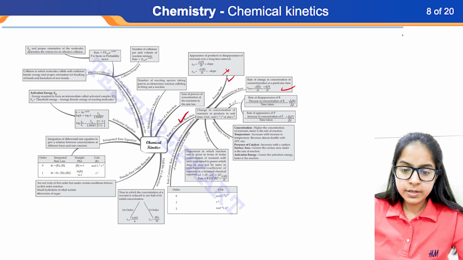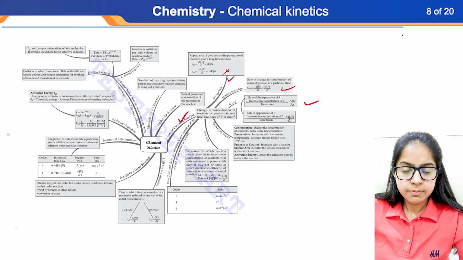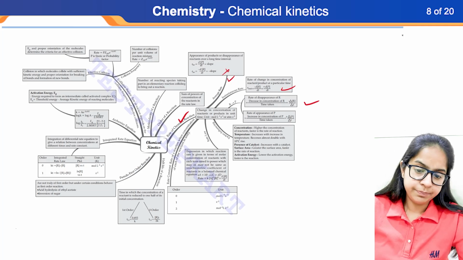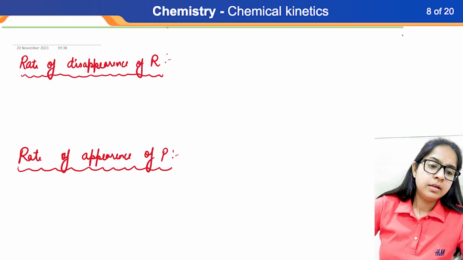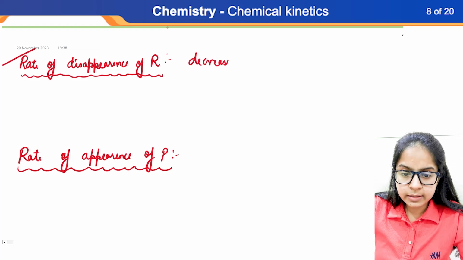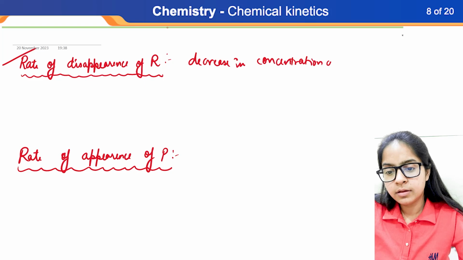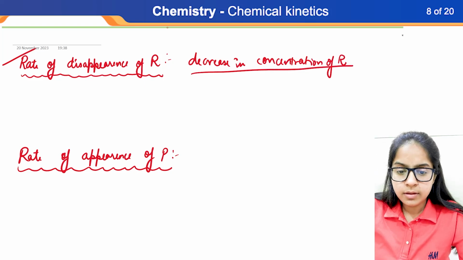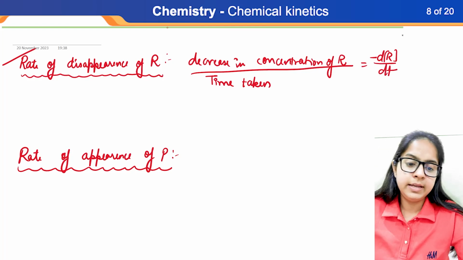Now we have covered the rate of disappearance, the decrease in concentration of R divided by time taken, and the increase in concentration of P divided by time taken, plus delta P by delta T. Now, if I am writing the rate of disappearance of A, meaning the decrease in concentration of R divided by time taken, we can write it like minus dR by dt.